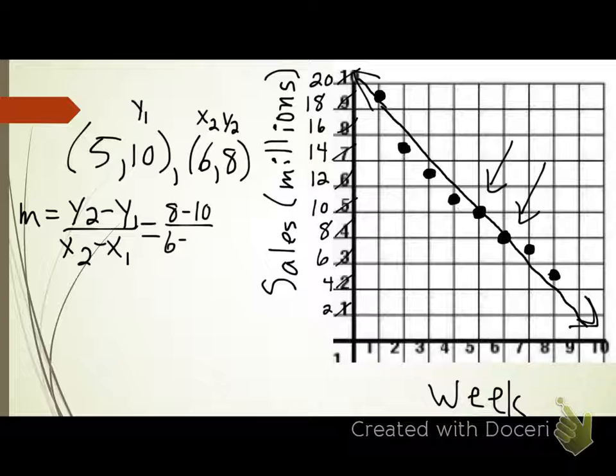Minus, what's my first x value? 5. 8 minus 10? -2. 6 minus 5? 1. So my slope is just -2. Questions how I got that?